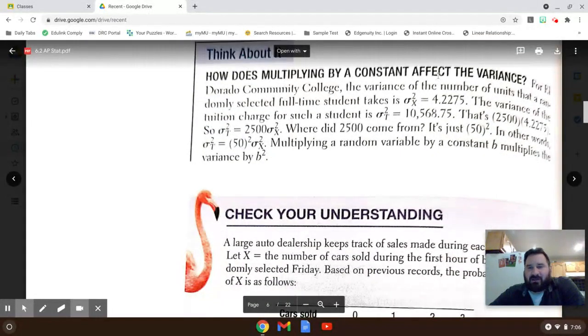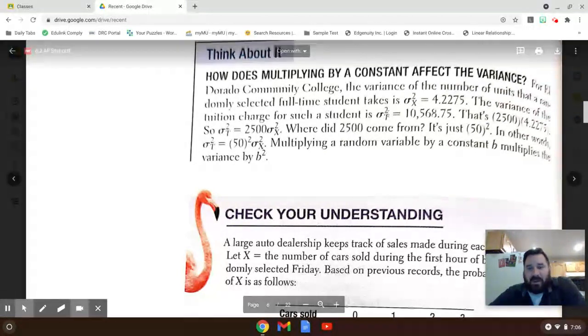How does multiplying by a constant affect the variance? If you remember, the variance is a stepping stone on the way to standard deviation. You take the square root of the variance, and that's your standard deviation. So what happens to that? Again, you won't really have to do this, but the variance for that distribution would have been 4.2275.